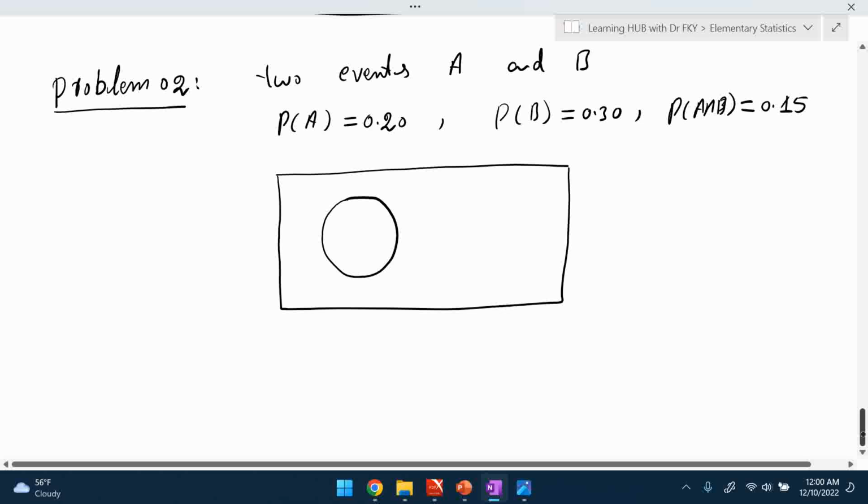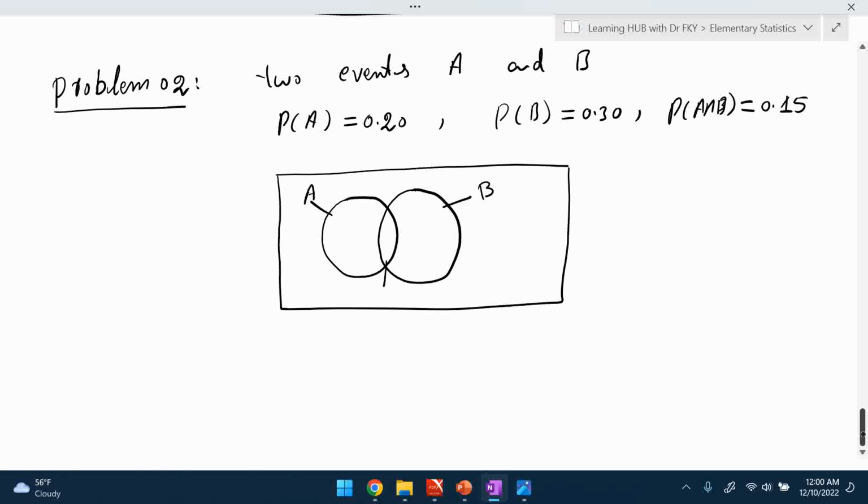So we need a common region in this case. This is event B, this is event A, and this is A intersection B. The probability of B is 0.30, the probability of A is 0.20, and the probability of A intersection B is 0.15. So this is the interpretation for this problem. Now I'll move to problem 3.